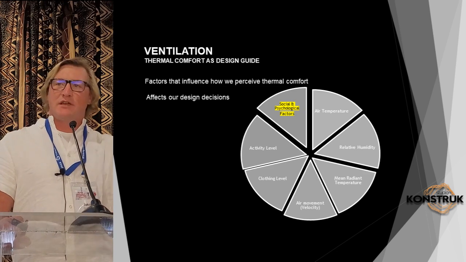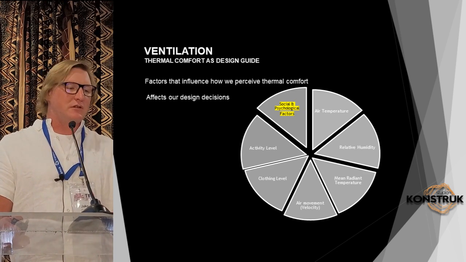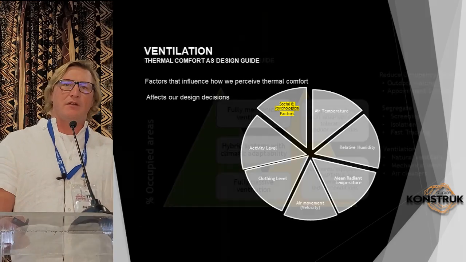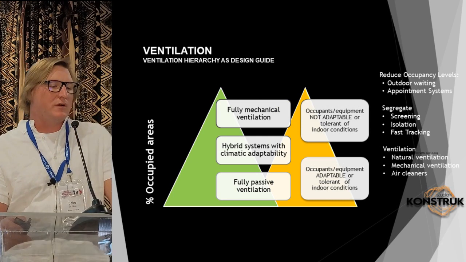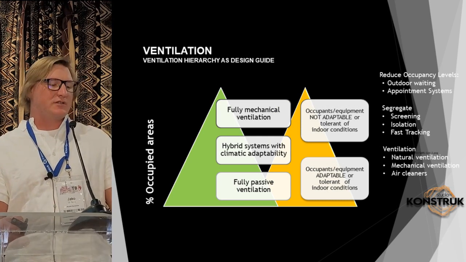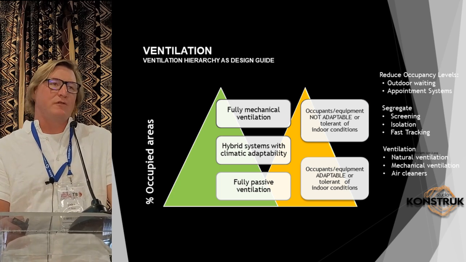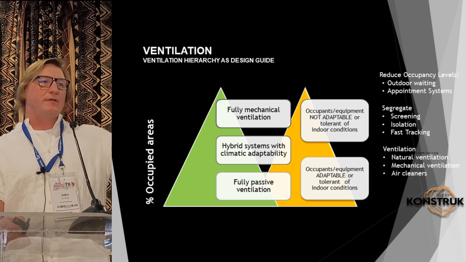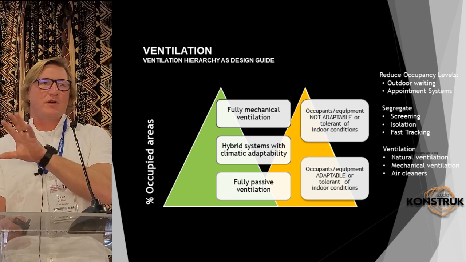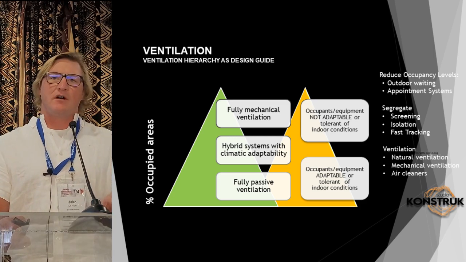So all of these elements in this pie actually tie together to the appropriate ventilation solution, and not just the air. From a ventilation hierarchy design point of view, we need to look firstly at full passive, then move our way systematically up the chain towards full mechanical, where that's the last option. The reason why I'm picking on different things from ventilation to flow to materials is because this is the suite of the building design.